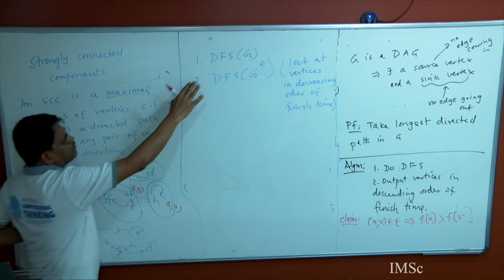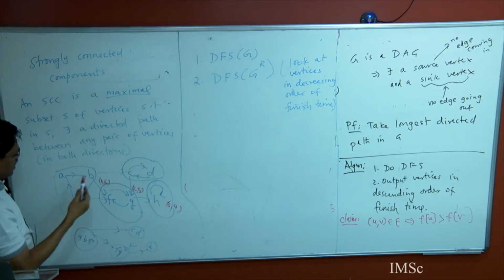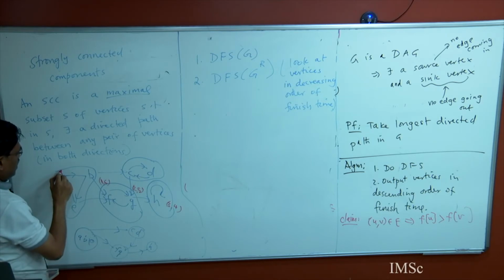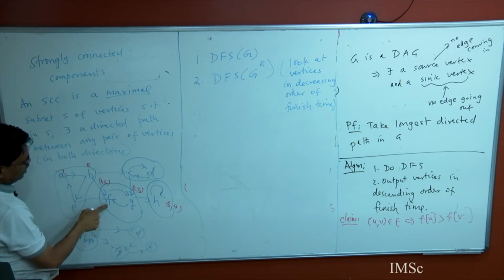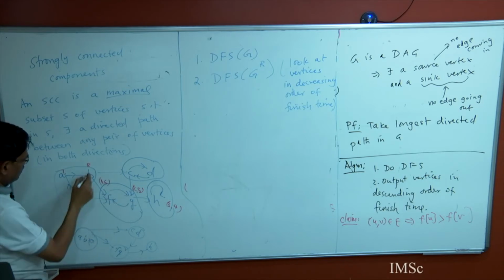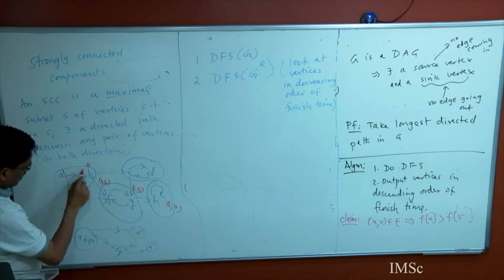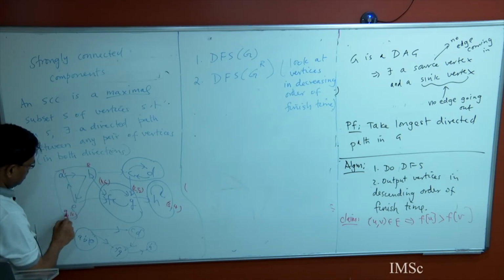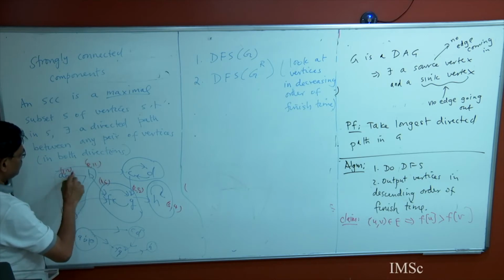So in the first DFS of G, no order, I just do it arbitrarily. So let's say I pick A, B will get to 8, and then F would have been black at that time, so I won't even visit it, but E I can visit. So that'll be 9, and I'm done here, so that'll be 10.